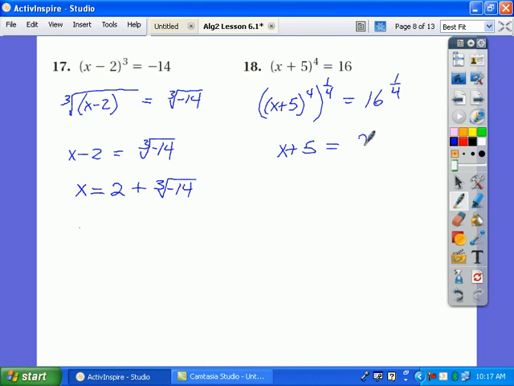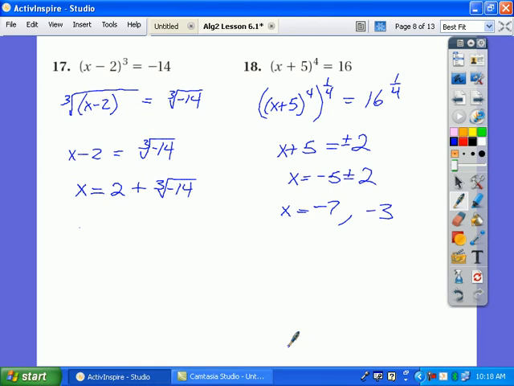It leaves us x plus 5 equals 2, plus or minus, right? 2 to the 4th power is 16, but we need to consider both cases. We subtract the 5, x equals negative 5, plus or minus 2, and we should evaluate this now. X equals negative 5 minus 2, negative 7, and x equals negative 5 plus 2, negative 3. 2 solutions there. Okay?